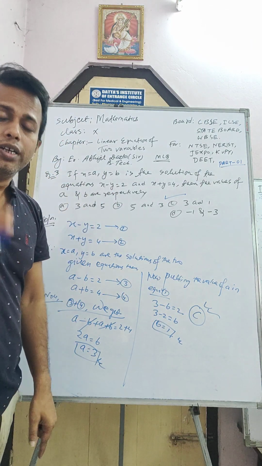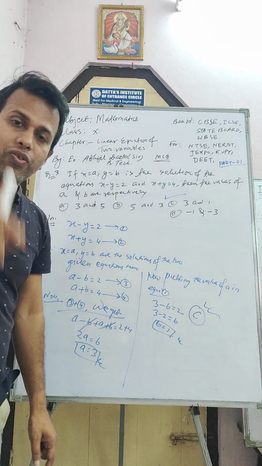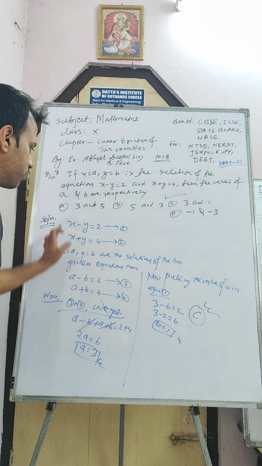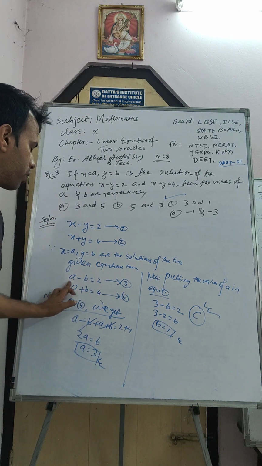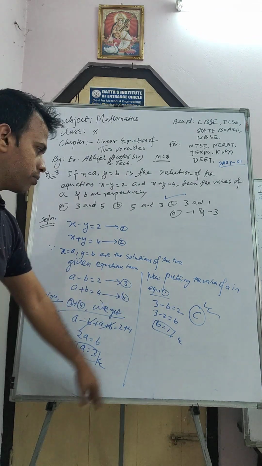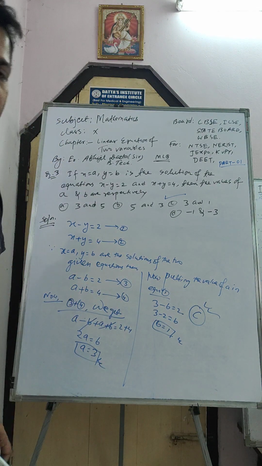Okay, got my point? The solution, that is the values of x and y, should satisfy the two equations. That's why I am writing x is here a and y is here b. After adding these equations, a becomes 3 and b becomes 1. Okay, got my point? Fine. So let's move on.